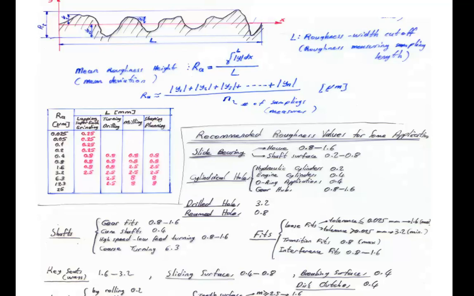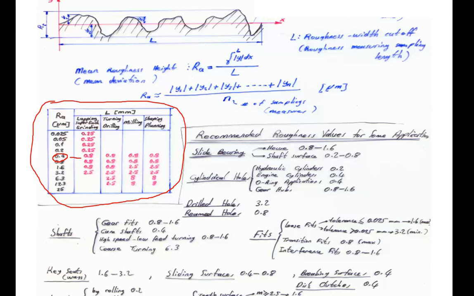What should be the roughness width cutoff value? Well, this table is to answer the question. If the arithmetical roughness size, for instance, is 0.4, and the finishing process is lapping, then the standard says that the roughness width cutoff value is to be 0.8 millimeters.